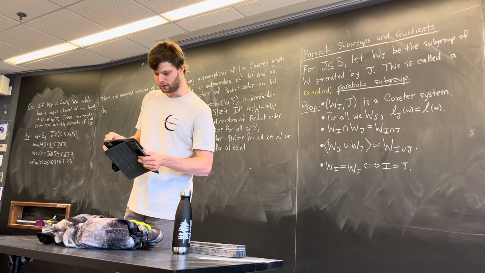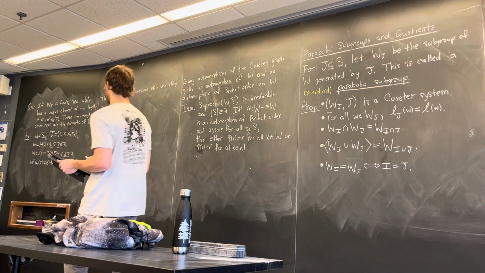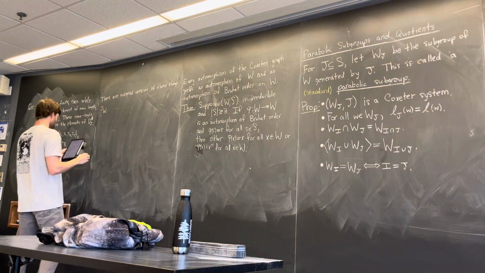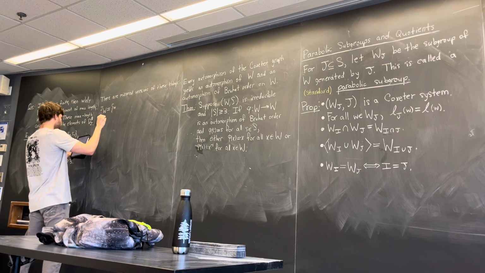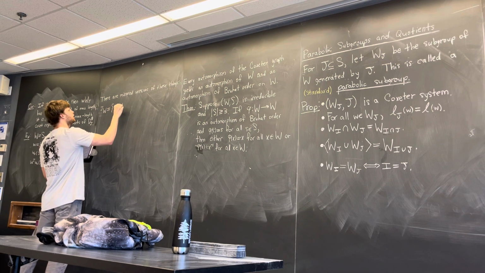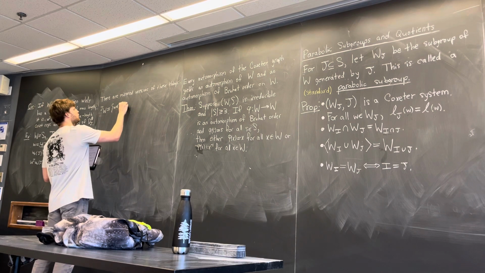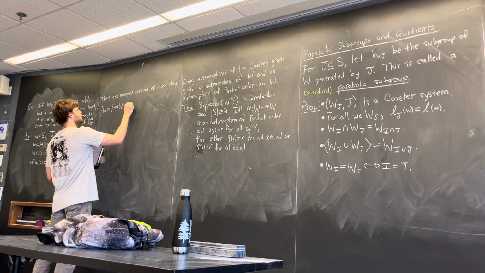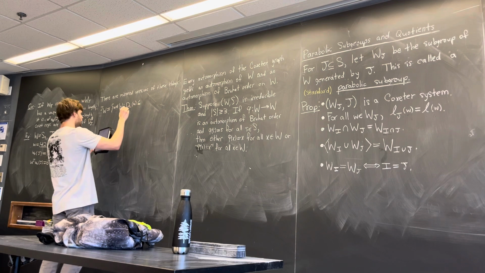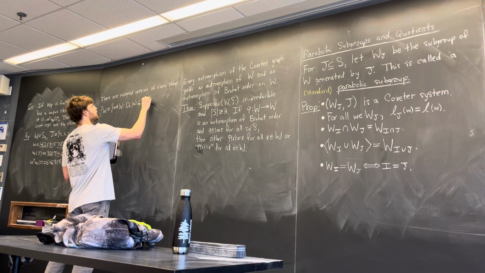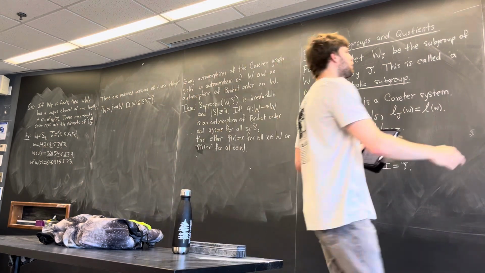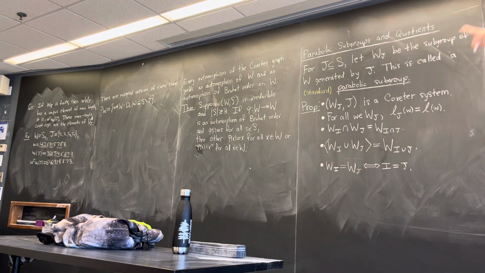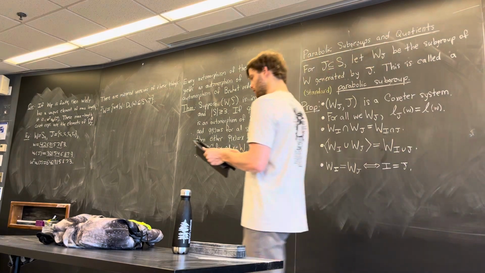There's a command you can use, but so it's superscript J, W is the set of W in W such that the left descent set of W is contained in the complement of J. Okay, so it's exactly like W superscript J, except it's for the left descent set instead of the right.